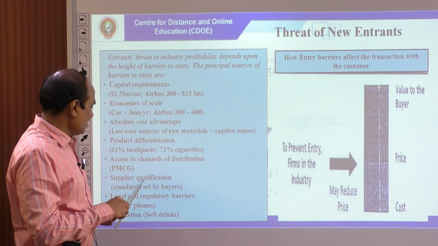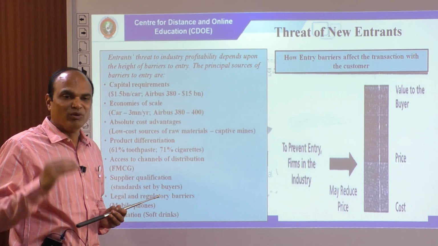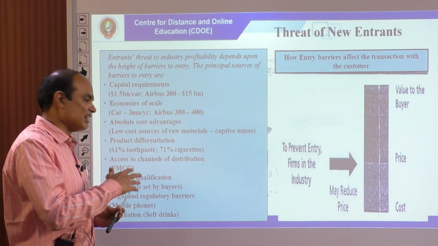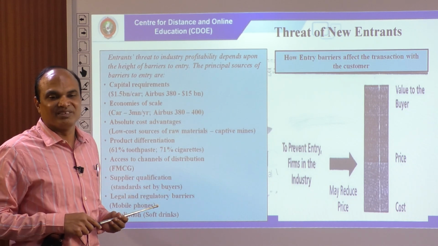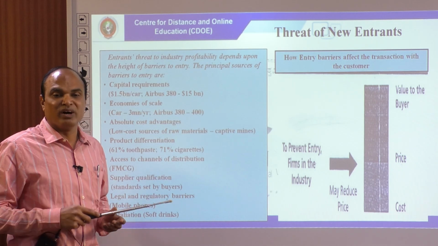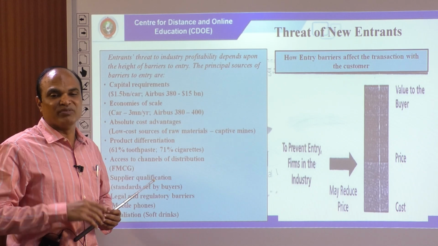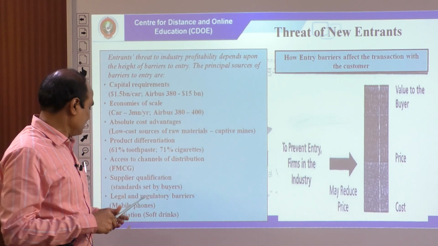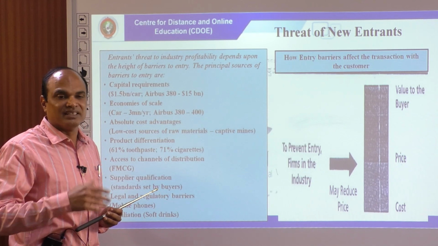Otherwise the market is flooded by the low cost providers and the quality providers and the high cost service providers and product offerings and all. So, sometimes standards set by buyers will be so high that the majority of the players will find it very difficult to maintain such standards. That also happens in terms of the large highway projects.